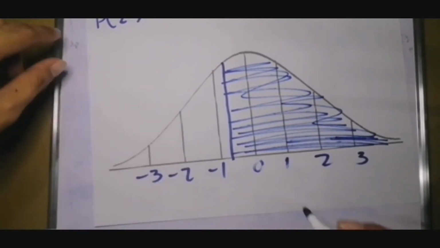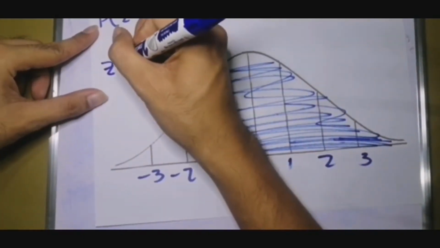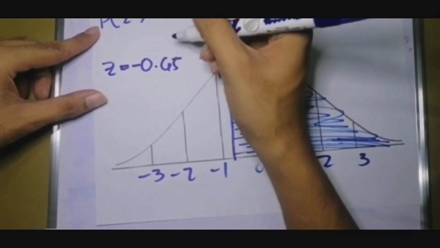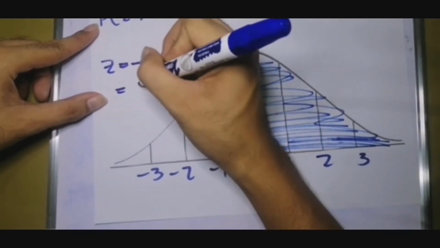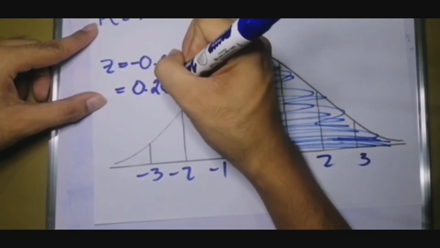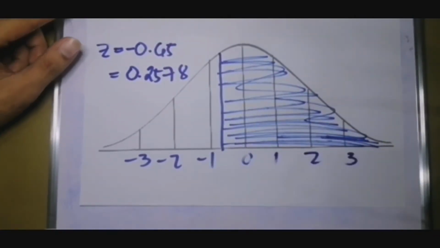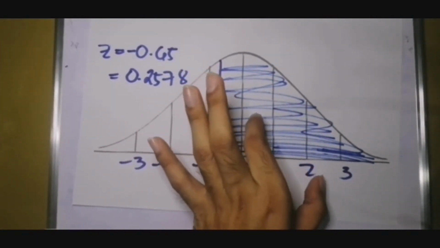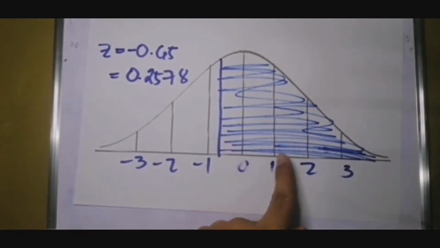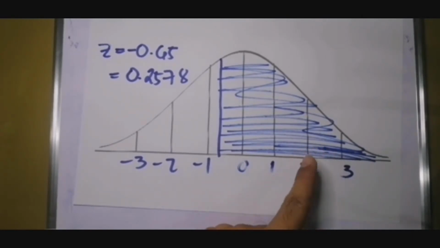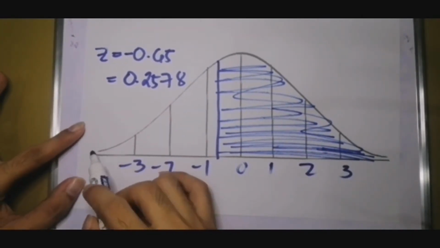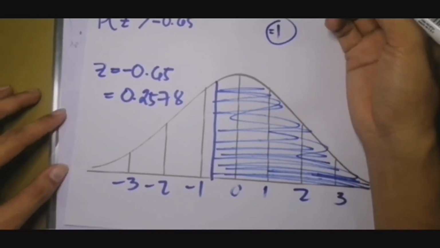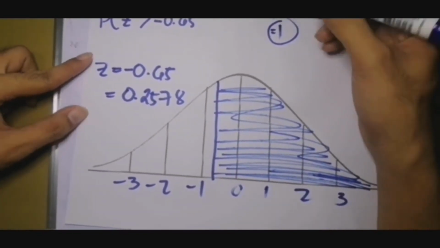So we look at the z table: the z-score of negative 0.65 is equal to 0.2578. Since it says greater than, how do we get it? Take note that the whole area under this normal curve is equal to 1. It can't be more than 1 or less than 1.